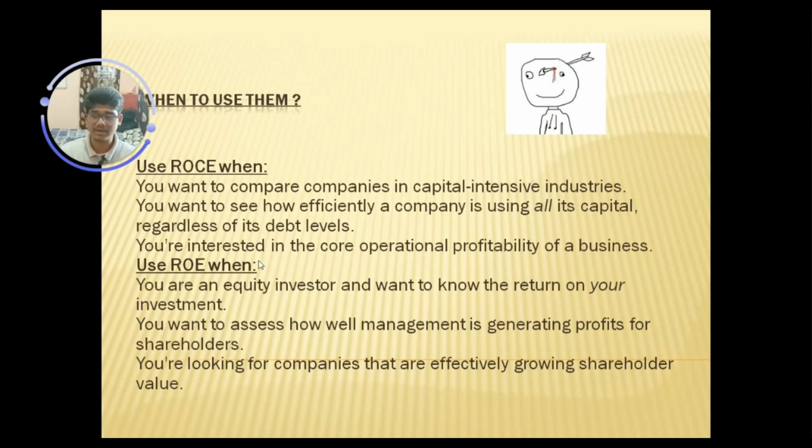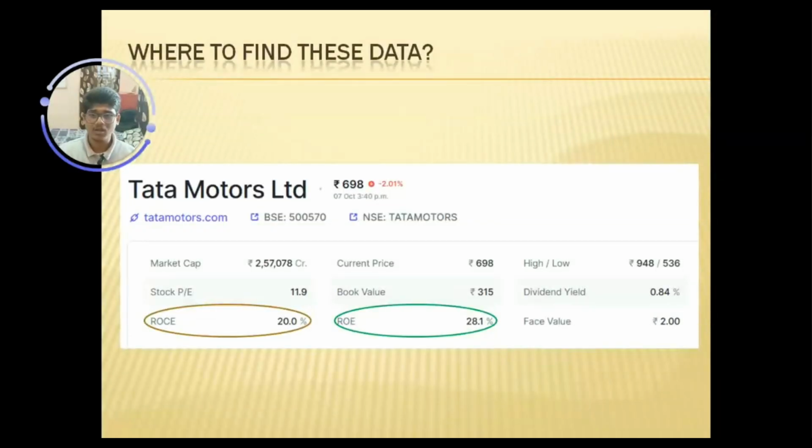Let's move to our next slide, where to find this data. As I said, screener.in is the primary source and analytical tool used to analyze any company very easily. Tata Motors Limited is today's example, and in the brown circle and green circle you can see it has defined ROCE, return on capital employed, at 20%, and ROE at 28.1%.